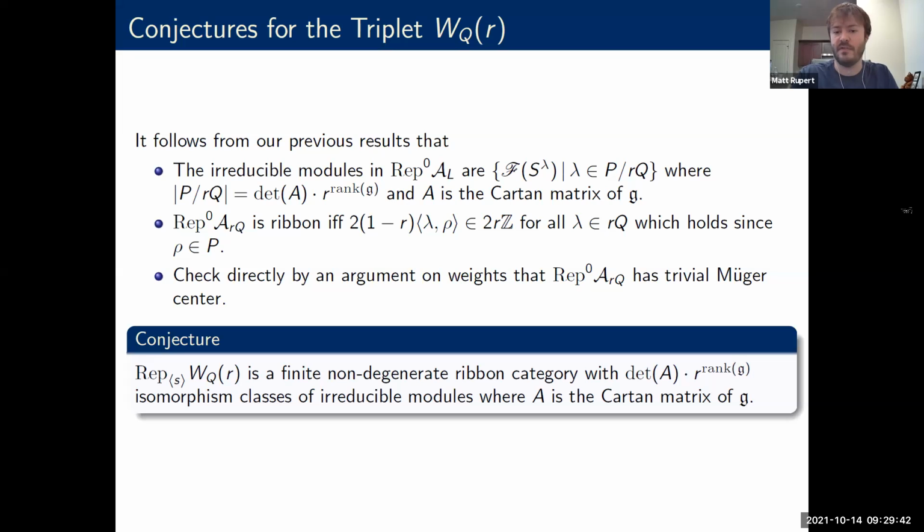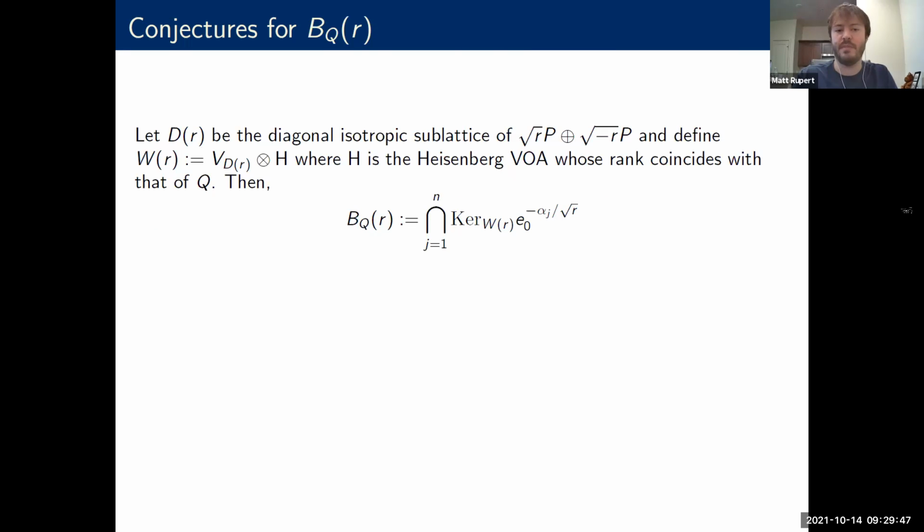Okay, and so now we want to do the same thing for the BP algebras. So the higher rank BP algebras, which we denote B_Q^r, let D_r be the diagonal isotropic sublattice of the direct sum of these rescalings of the weight lattice, and define W_r to be the tensor product of the associated lattice VOA and the Heisenberg VOA of the same rank.